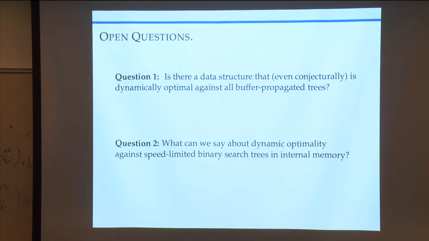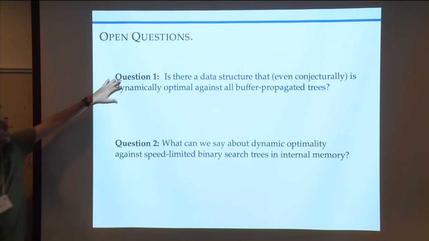OK, so let's conclude with some open questions. First of all, is there a data structure that is dynamically optimal against all buffer propagated trees? Or is there even a data structure that we conjecture is optimal? Because we know that the Jello tree is not.